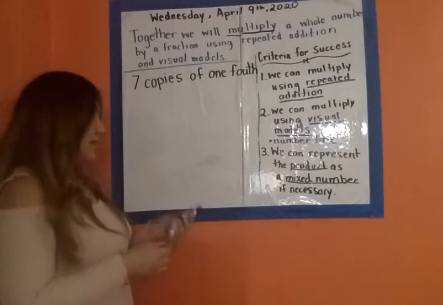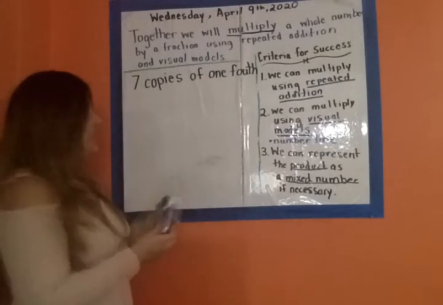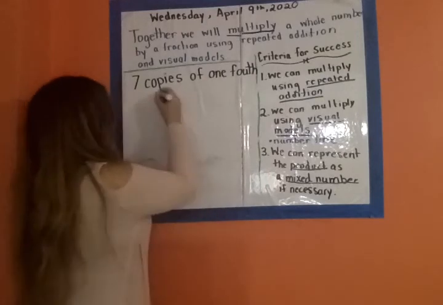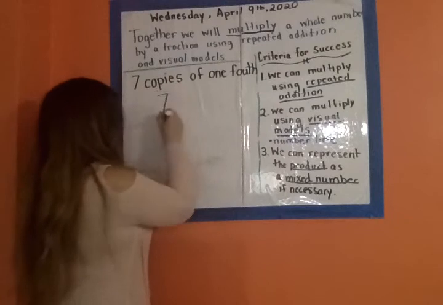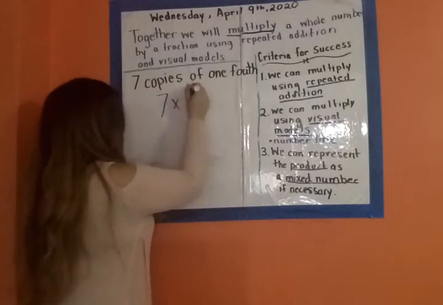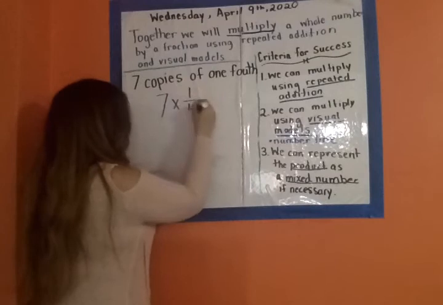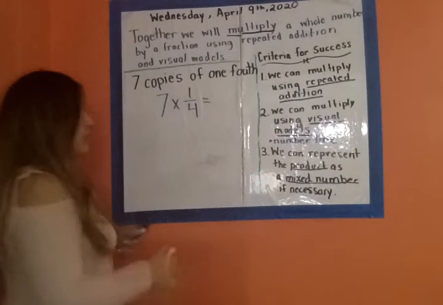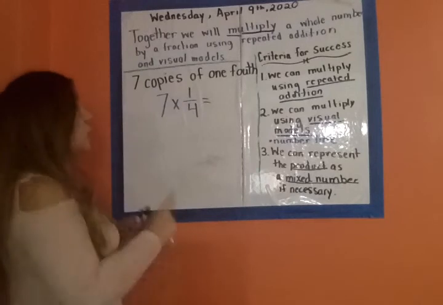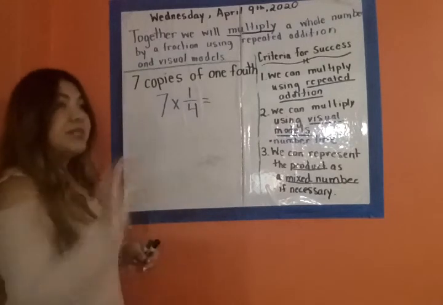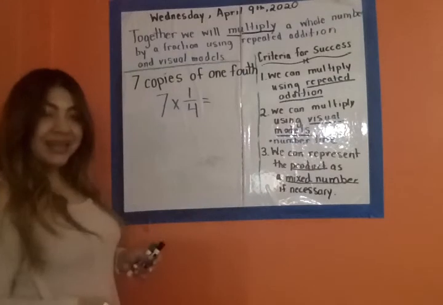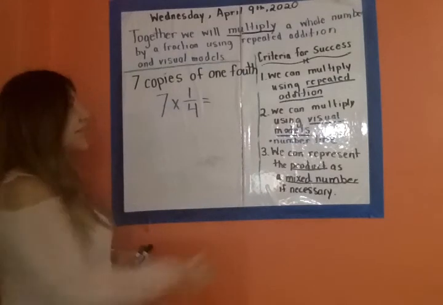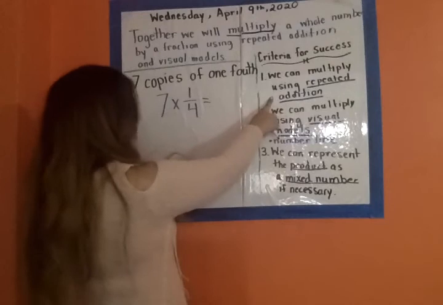This problem is simply asking me to determine what 7 times 1/4 will be. Or, if you think of it as repeated addition, it's also 1/4 plus 1/4 plus 1/4. How many times? 7, right?